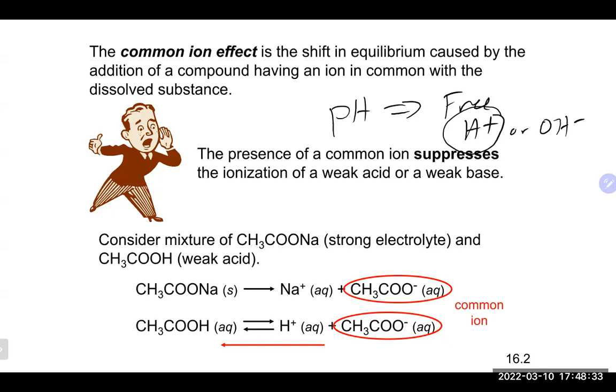A weak base, on the other hand, normally produces some free OH minus. So we've got a weak base that would normally produce some OH minus. Having a common ion would keep the weak base together. That means that my OH minus concentration would go down. My pH would go, well, my pH would go down.